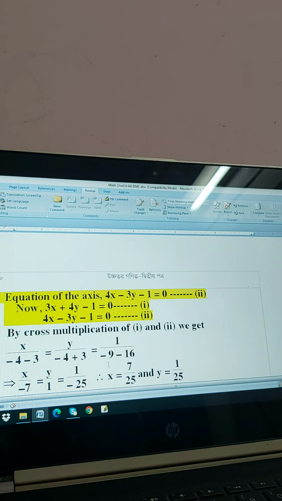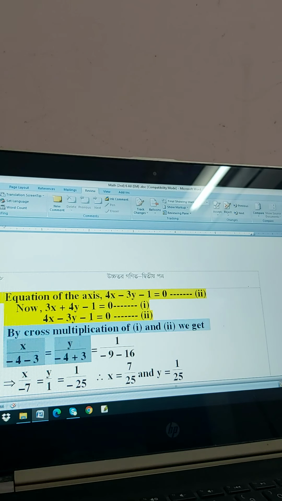Now, solving equations 1 and 2. The equation of the directrix is 3x plus 4y minus 1 equal to 0, equation 1. And this is the equation of the axis, 4x minus 3y minus 1 equal to 0. By cross multiplication, let us now solve this.